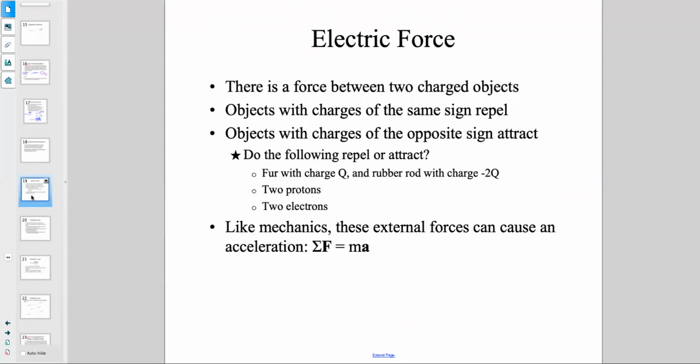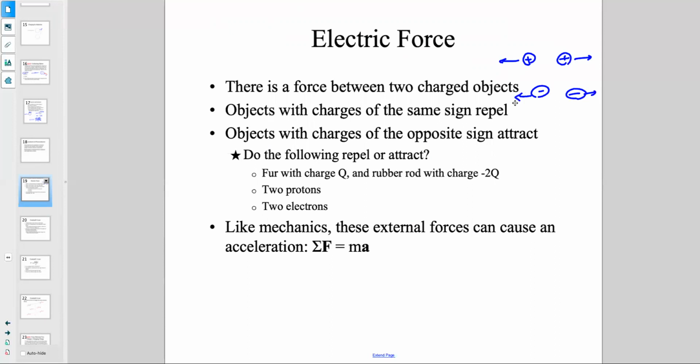Electric forces. There is a force between two charged objects. Objects with charges of the same sign repel. We know it. Two electrons will repel. Two protons will repel. So we know two positives will repel, and two negatives will repel as well.